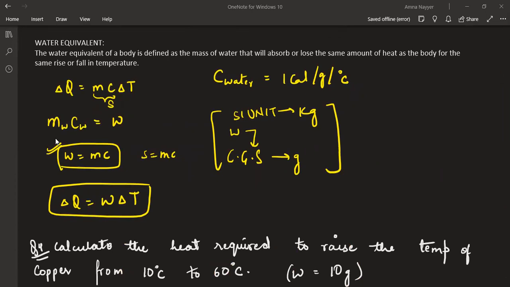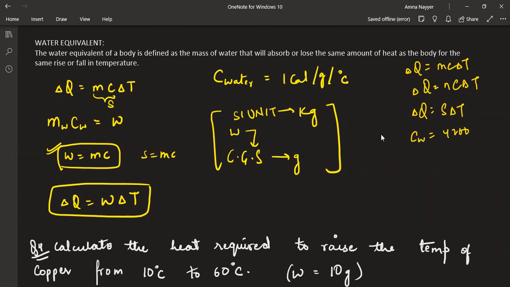We'll just call it W. See what all formulas we have done. Delta Q equal to MC delta T. Then we combine M and C and we got thermal heat capacity. The value of C for water was 4200.